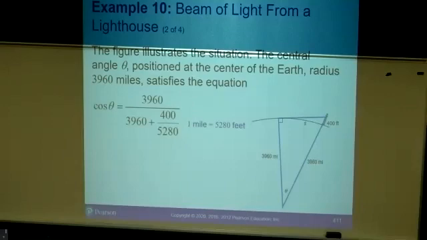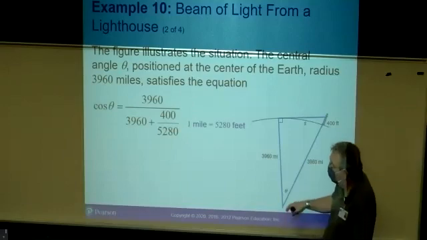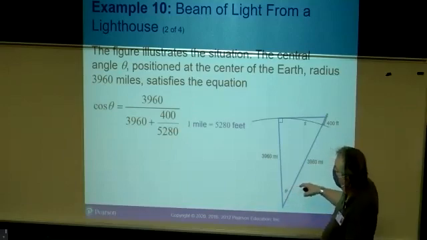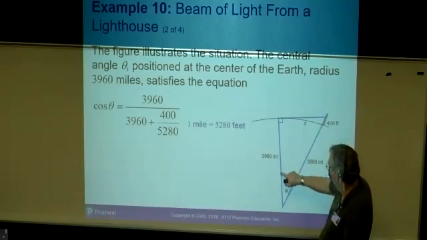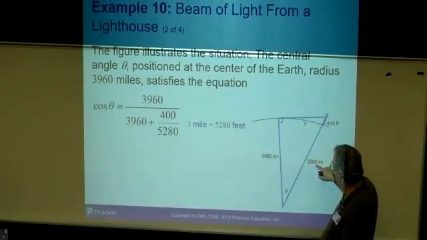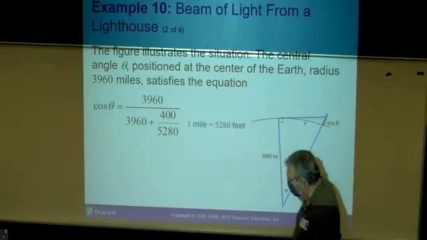So we can find out the cosine of theta, which is the adjacent side over the hypotenuse.